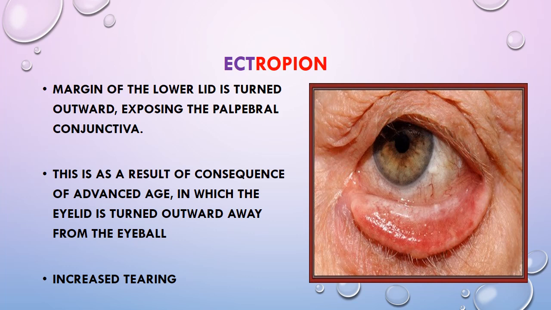The eyelid is rolled outward away from the eyeball and there is increased tearing. Don't forget ectropion, outward. Entropion, that one is what? Inward. Enter inward. Ectropion is outward.